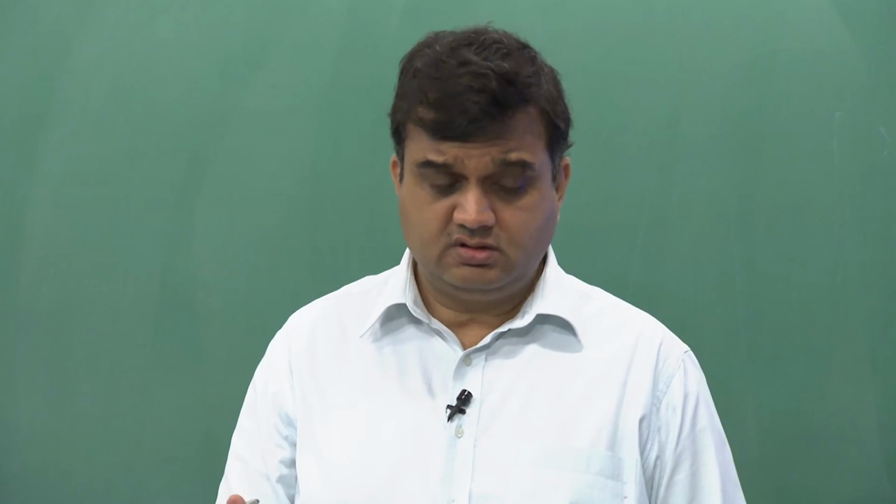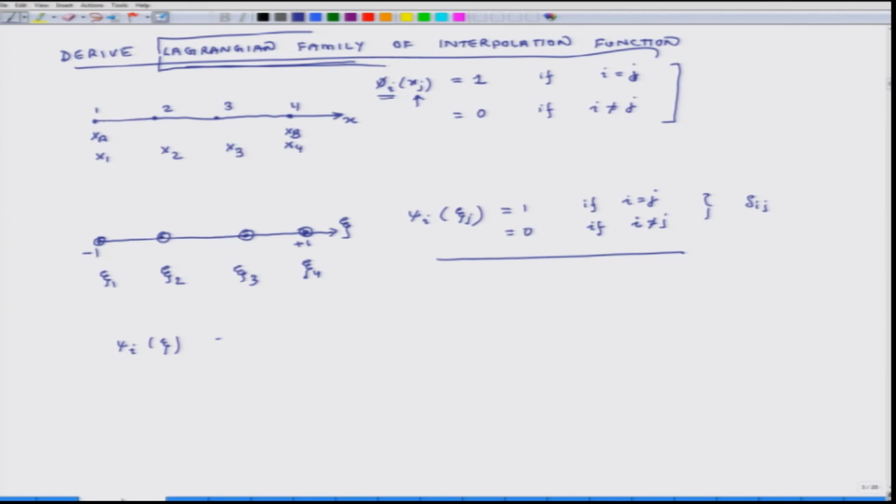And it will be of what order? Suppose n is the total number of nodes, then the order of the polynomial will be n minus 1. Its value is going to be 0 at all other nodes except the ith node.